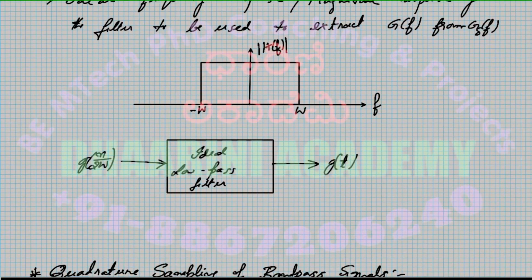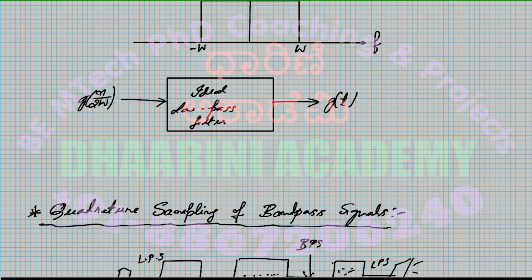There is G of n by 2W, which is the input, and there is an ideal low pass filter. This itself is what we are going to call the reconstruction filter, which generates G of t back from the samples.